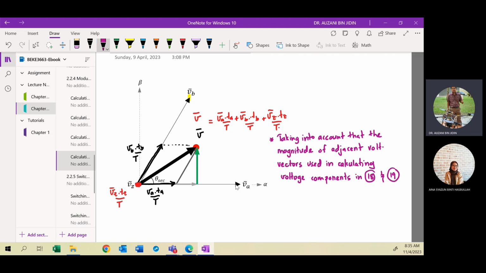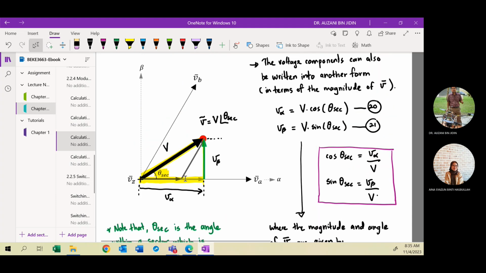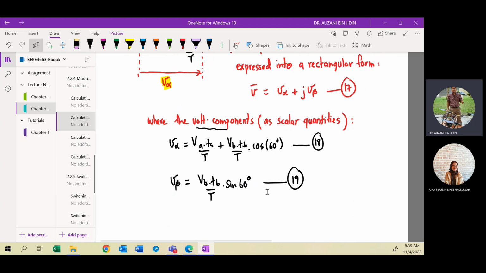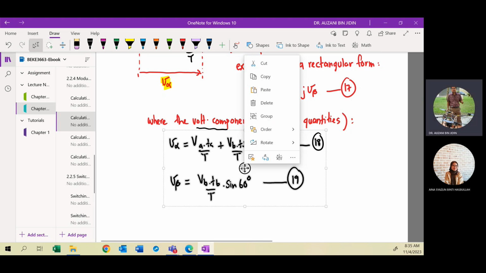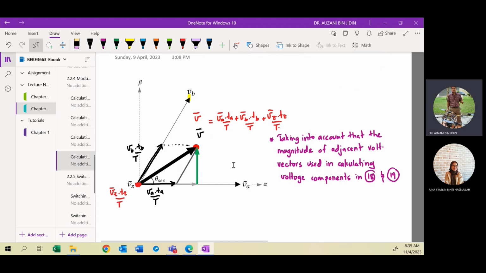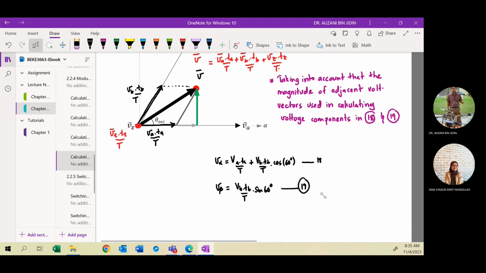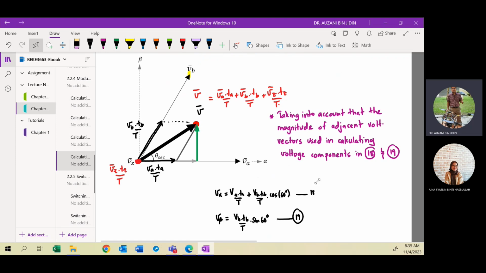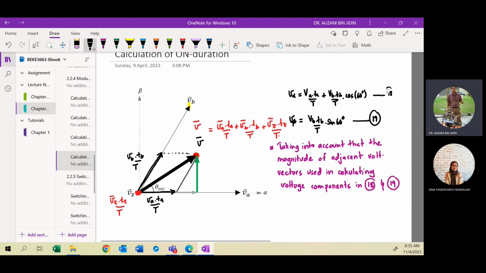So the magnitude value, remember you have equations 18 and 19, this one, right? Where are equations 18 and 19? Here. Okay, maybe I can copy this equation and put it here. Okay, so you have equations 18 and 19. Maybe I put it here.